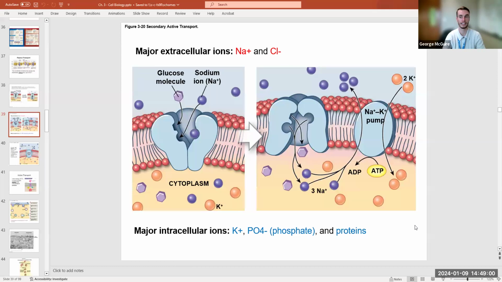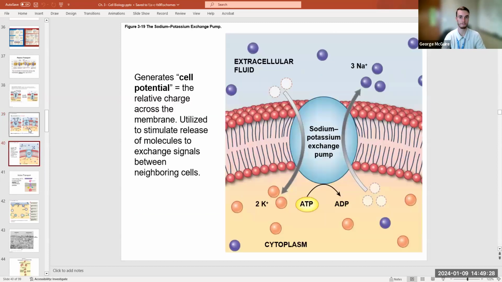Inside of our cells, the major intracellular ions are going to be potassium, phosphate, which is phosphorus with 4 oxygens bonded to it, and then proteins, which are typically carrying a charge and playing a role in that membrane potential and the overall electrical charge of our membrane.